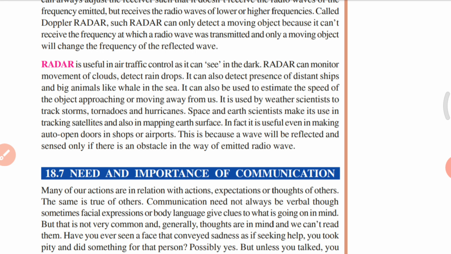It is mainly used by earth scientists and the meteorological department for studying weather conditions, and also in air traffic control and for military use. So radar is an important communication device in our daily life.